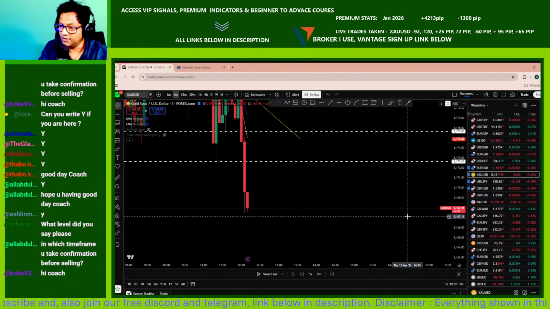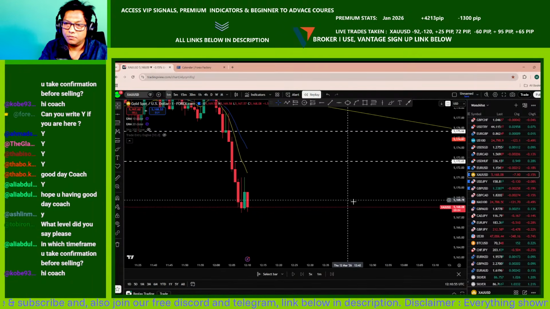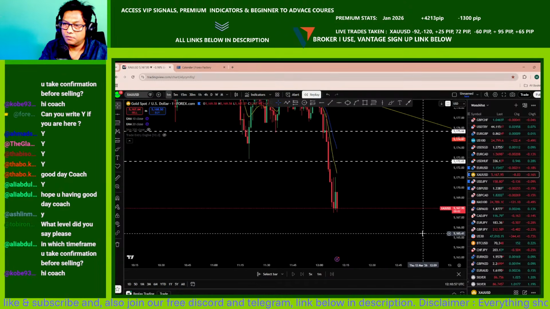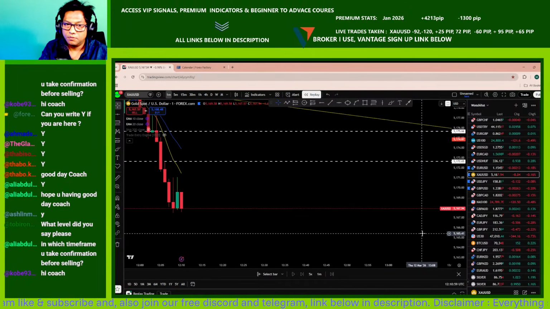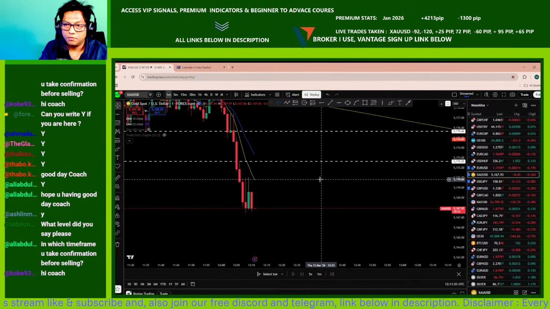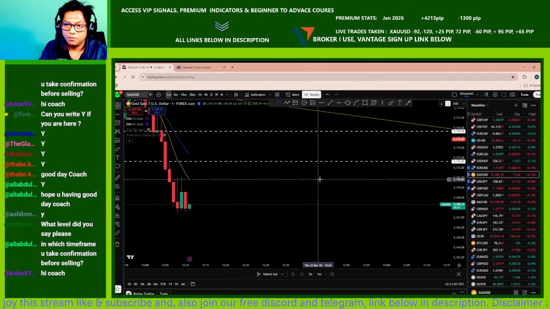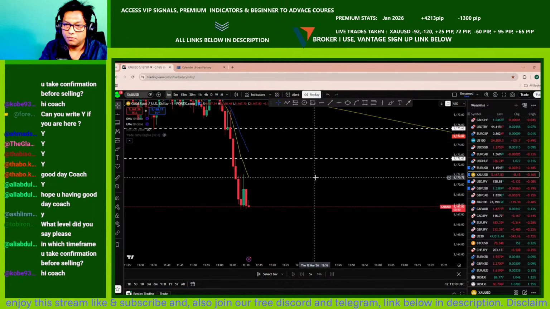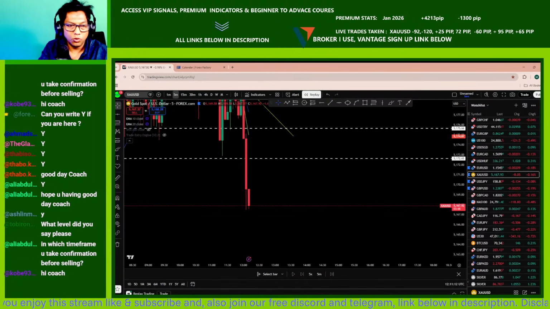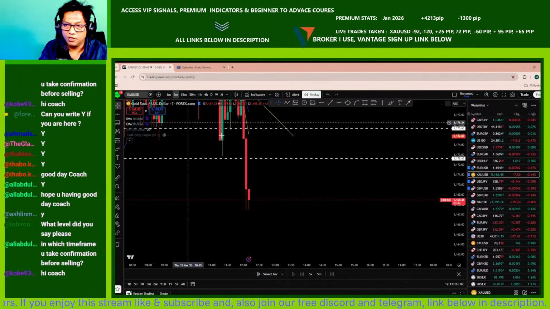So you see there is a candle close in this lower time frame. We'll be looking at entry after we can see the price action confirmation here in this market.